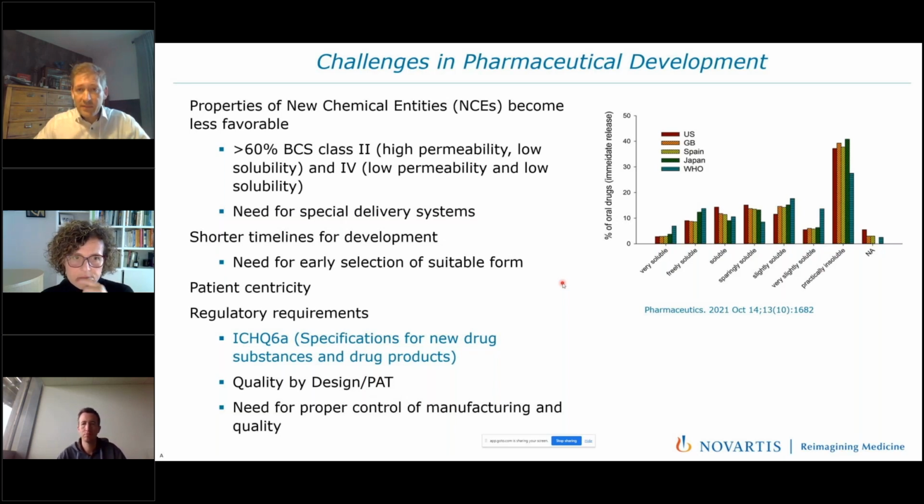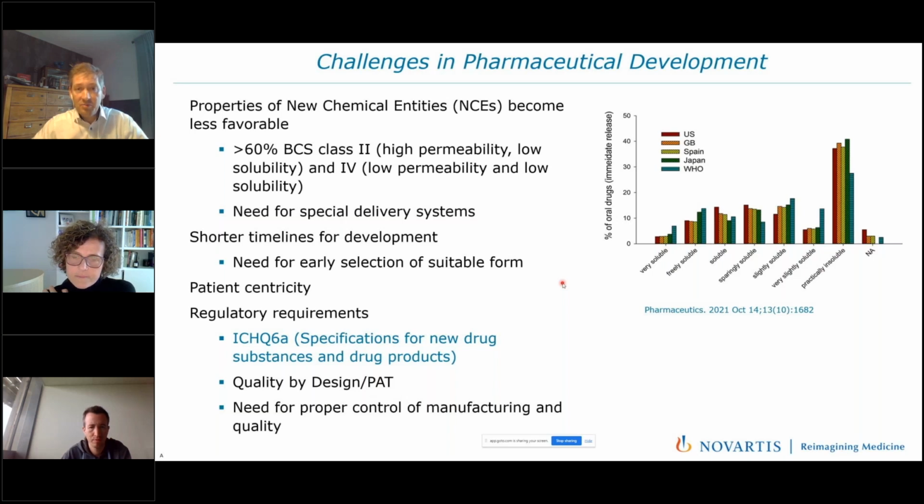In order to help pharmaceutical scientists, but also the health authorities, to categorize drugs, a biopharmaceutical classification system has been established. This aims to classify the different drug substances in terms of permeability and solubility. And as you can see from this graph, most of the drugs are getting practically insoluble.